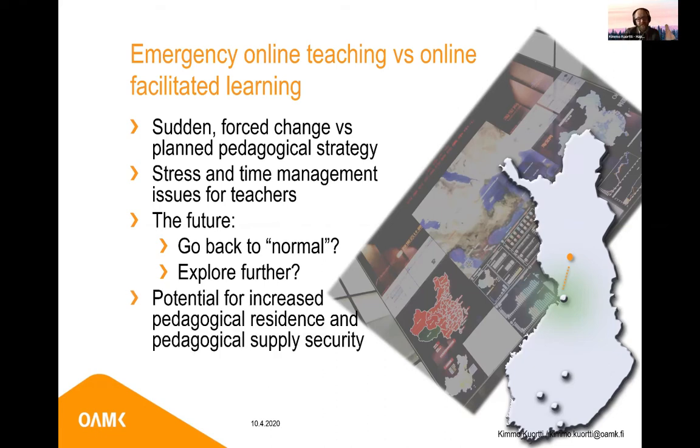opportunity. So we have a potential of increased, what I call, pedagogical resilience. Pedagogical resilience meaning that if you encounter a problem pedagogically in learning, you're able to find ways to still work. And in a way, a pedagogical supply security. So no matter what happens, we have a pedagogical supply that we can draw from.